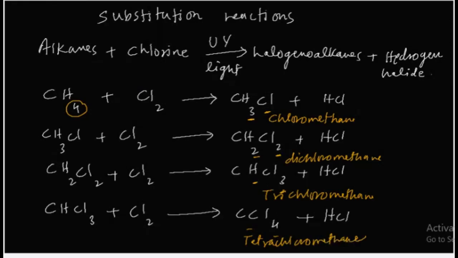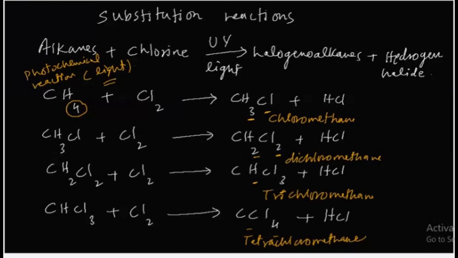So in substitution reactions, the hydrogens are replaced by the halogen. But this is a photochemical reaction. A photochemical reaction is that type of reaction which takes place in the presence of light. When there is no light, no reaction. When there is light, then hydrogen atoms are substituted or replaced by the chlorine atom.